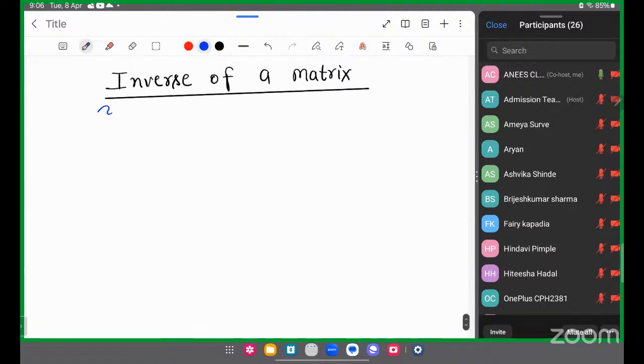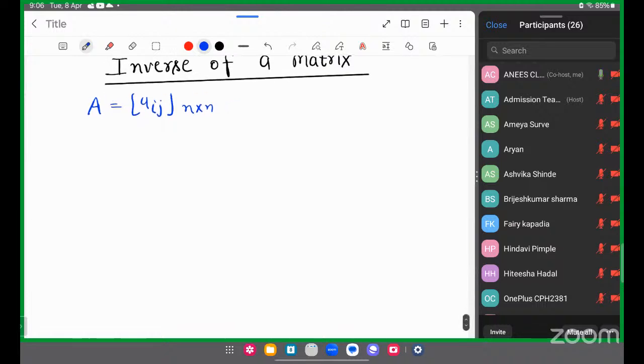So let's say we have a matrix Aij of order n into n, which is a square matrix, and I want to know whether this matrix A has inverse or not, or in other words, we want to know whether the matrix A is invertible or not.